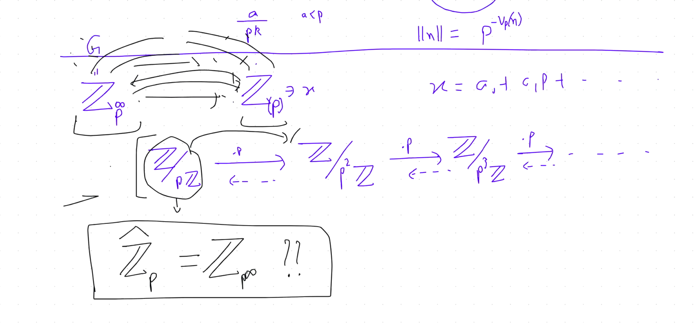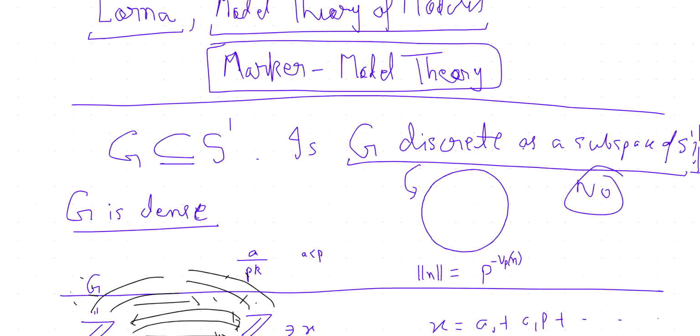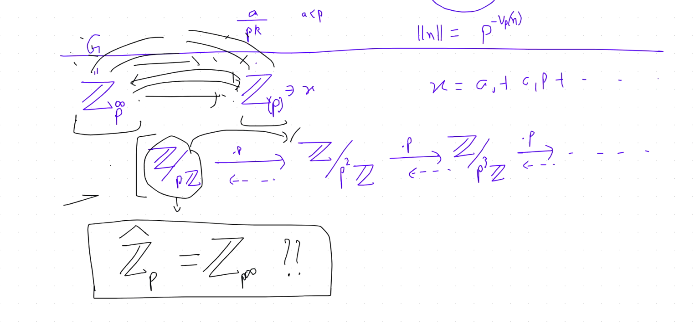That's why I was asking if it's discrete. There's a fact that the dual of a compact group is always discrete, so that way you can say this is false. But it would be too good to see explicitly what actually fails. Anyways, you can think about it.